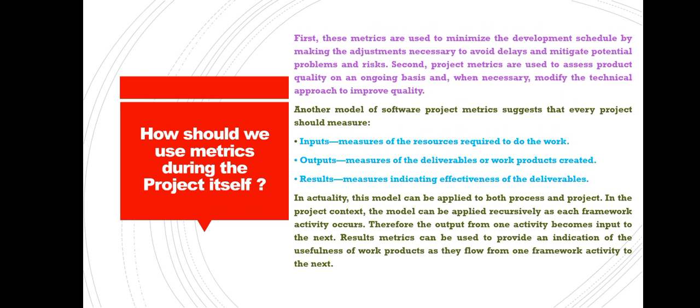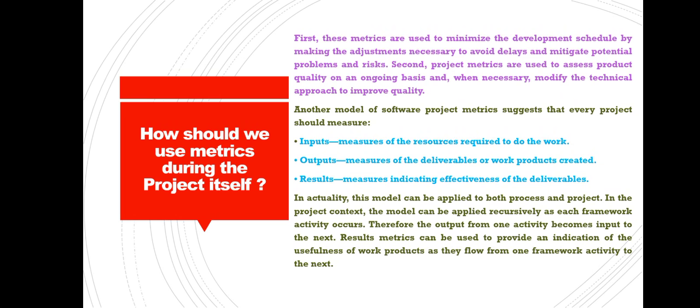Another model of software project metrics suggests that every project should measure three metrics. Those are inputs, outputs, and results. We should have an idea of what is an input, what is an output, and what is the result. So, let us discuss these in detail.